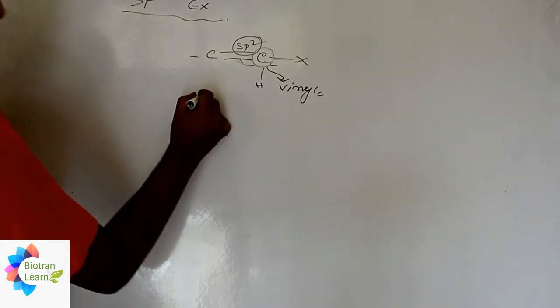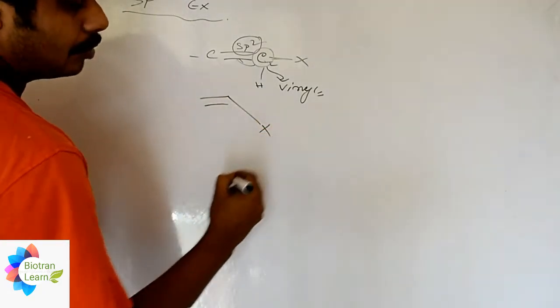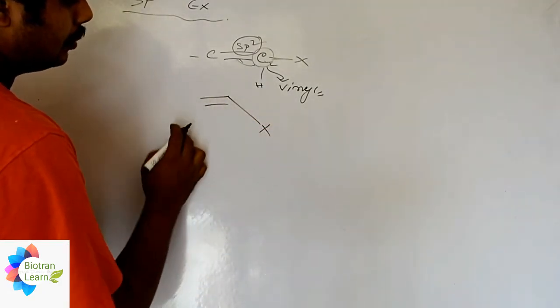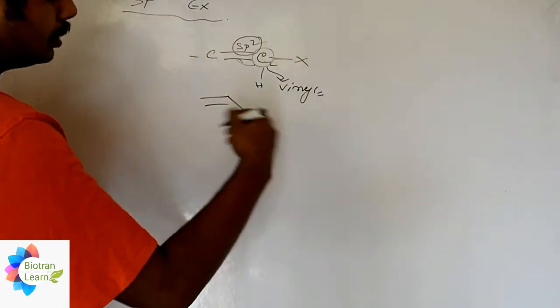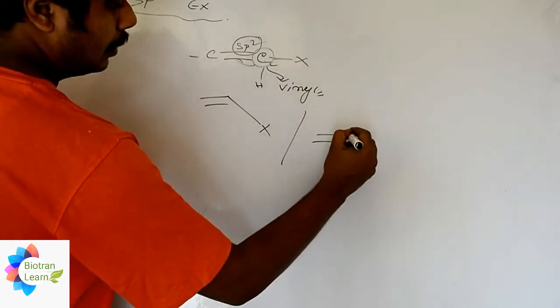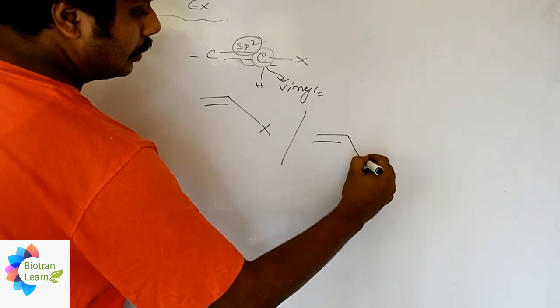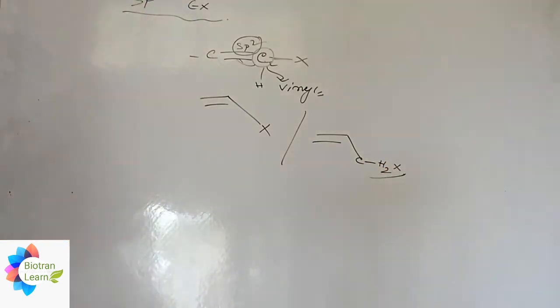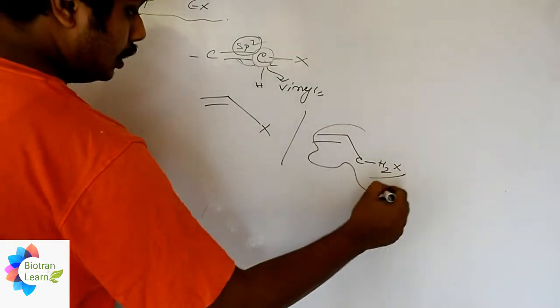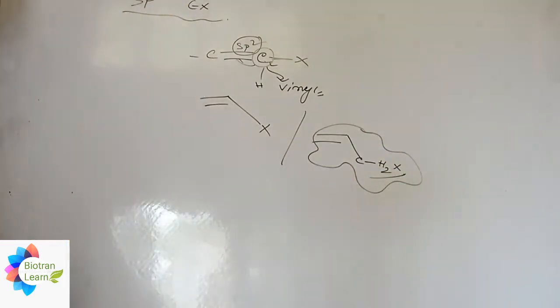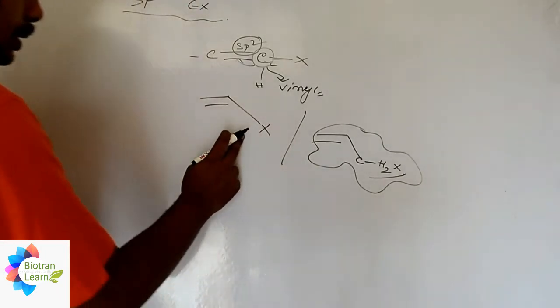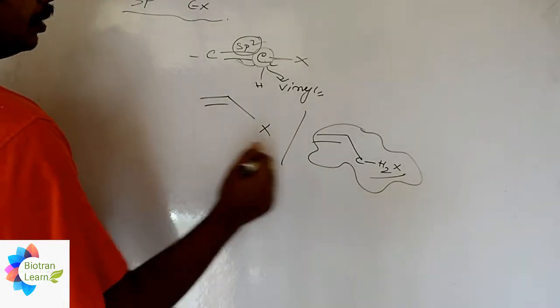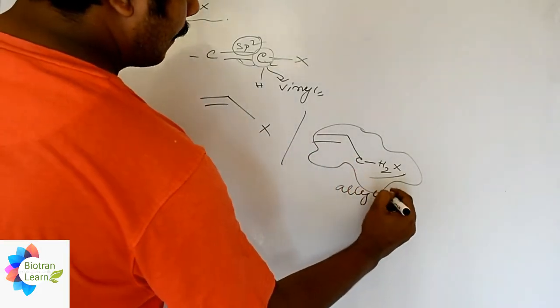Suppose this one, I have written this one, this is in your NCERT book. Now previously what we have written right here, CH2X, this was our structure, this was in case of the allylic halides. But in this case, this is not allylic, right?